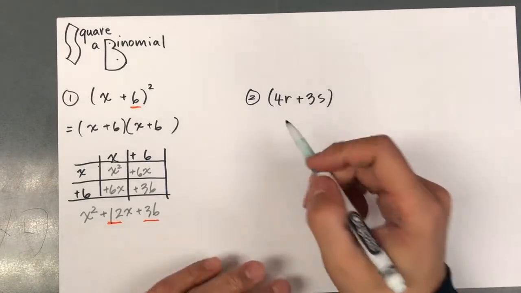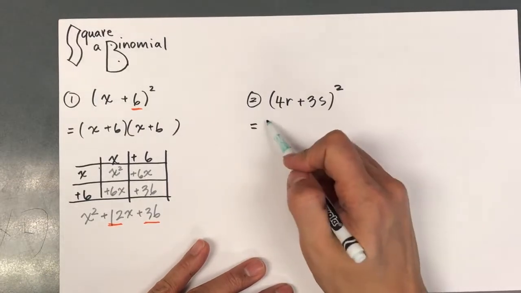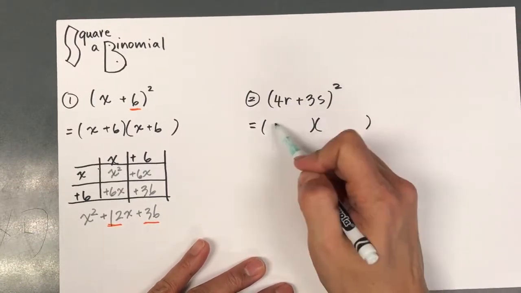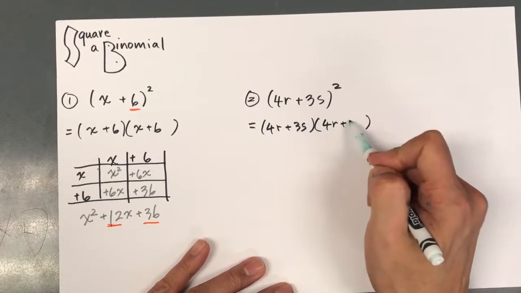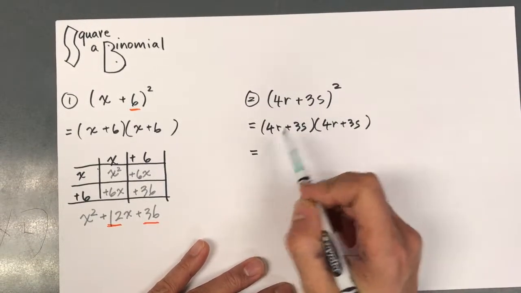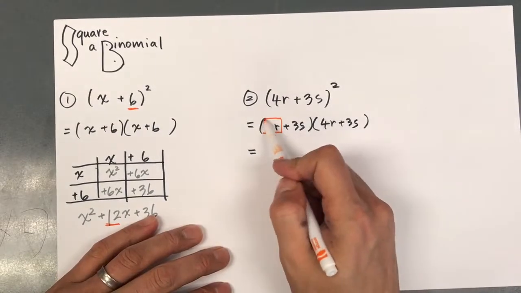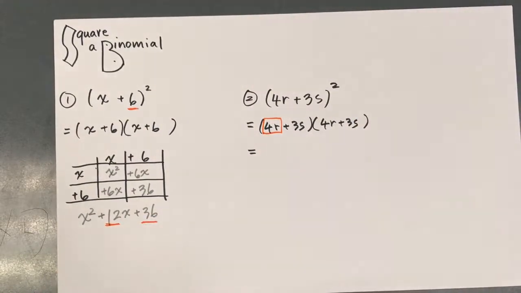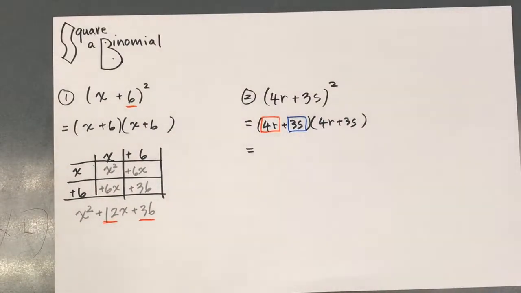Let's look at the other example. So this one, we've got to square that, is, again, we have two copies of it, right? Now, you're going to multiply this by this, and then this by the same one.